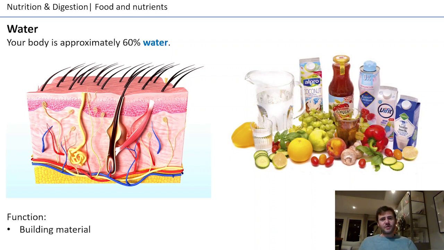Water is also the most important transport medium and solvent in your body. Nutrients, their building blocks, vitamins, minerals, all those examples are carried through the blood, which is mostly made of water. So with water you can transport all these nutrients to all your organs.